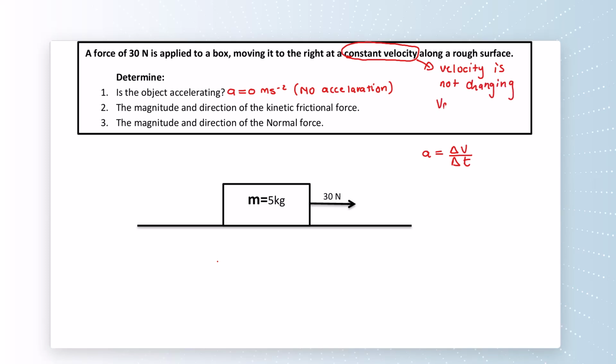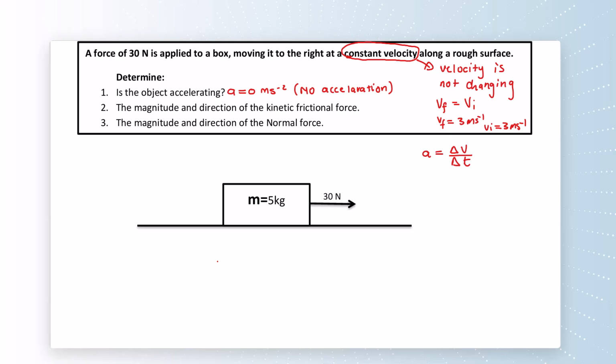It means the final velocity is equal to the initial velocity. Since the velocity is not changing, what you started with is going to be the same as what you are currently having or what you're going to end with. If the final velocity was 3 meters per second, the initial velocity will also be 3 meters per second. Why? Constant velocity, no change.